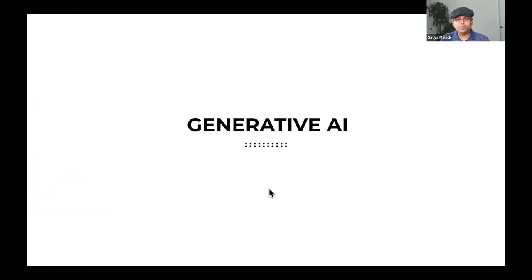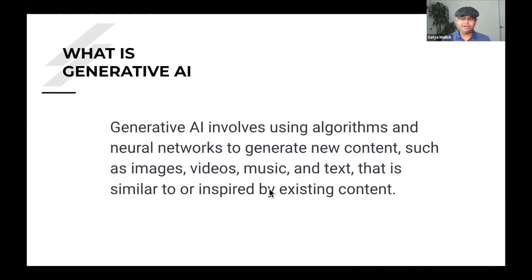So now, what is generative AI? Generative AI involves using algorithms and neural networks to generate new content, such as images, videos, music, and text that is similar or inspired by existing content. The interesting thing about this definition is that I generated it using ChatGPT, which is a generative AI model.